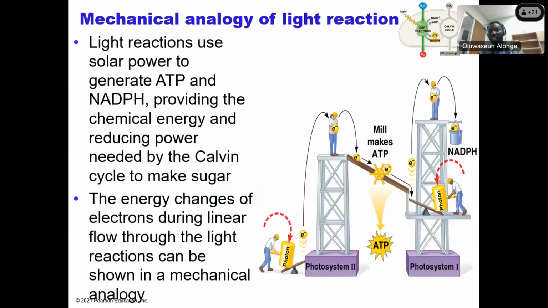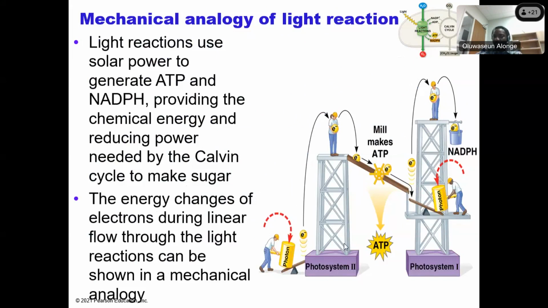Now, let's look at this mechanical analogy of light reaction. The light reaction uses solar power to generate ATP and NADPH by providing the chemical energy and reducing power needed by the Calvin cycle to make sugar. The energy changes of electrons during linear flow through the light reactions can be shown in a mechanical analogy.